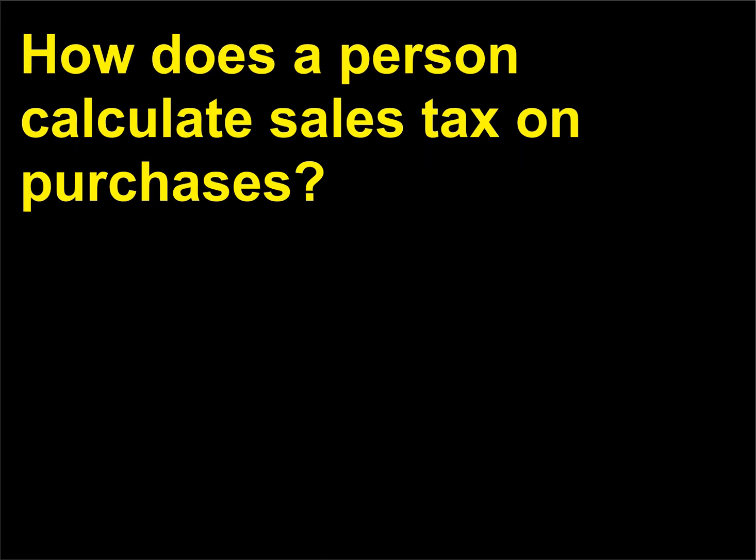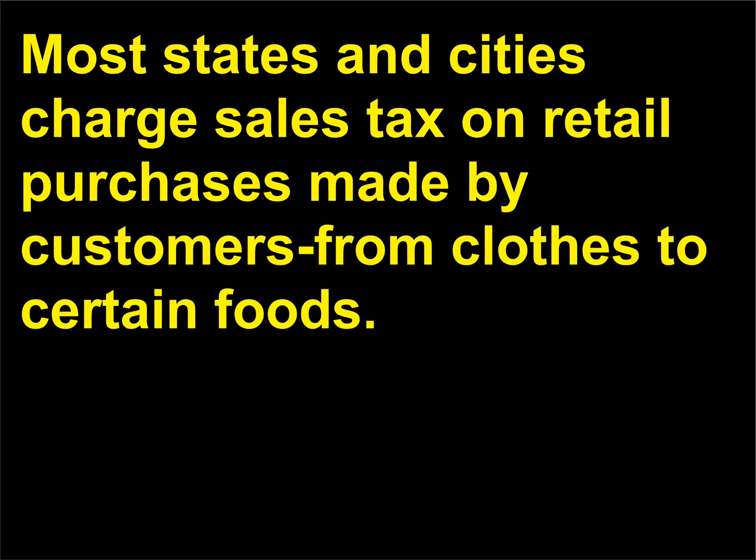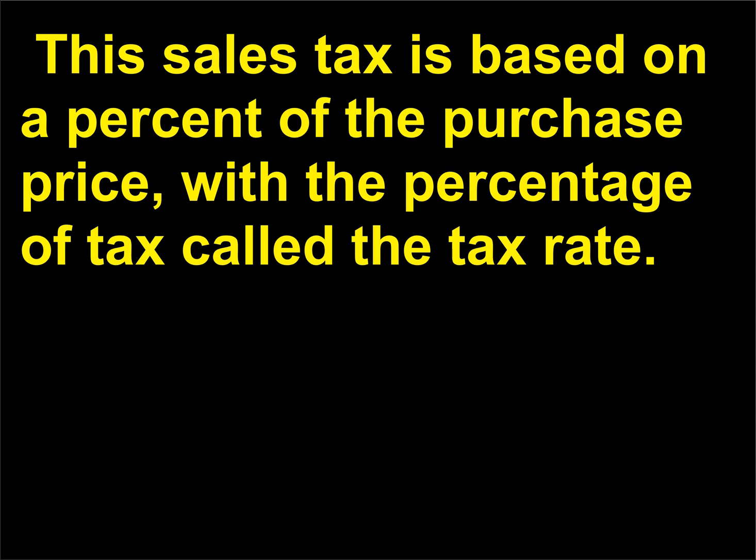How does a person calculate sales tax on purchases? Most states and cities charge sales tax on retail purchases made by customers, from clothes to certain foods. This sales tax is based on a percent of the purchase price, with the percentage of tax called the tax rate.